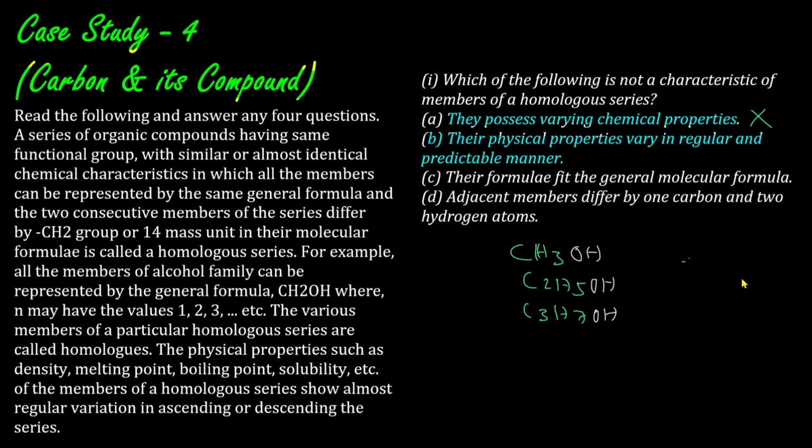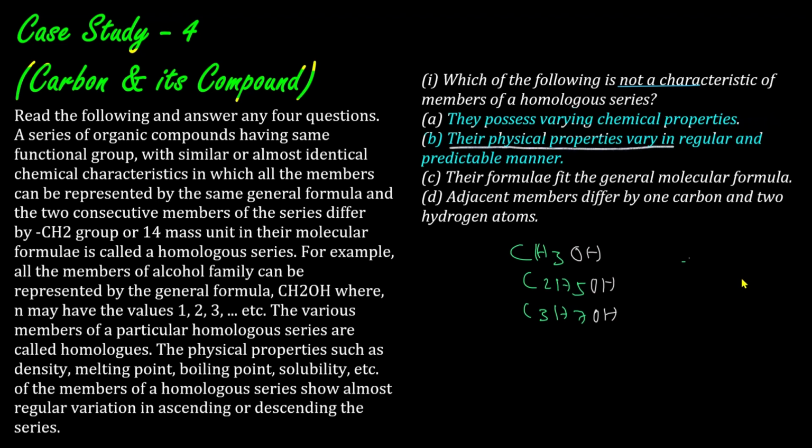We have to choose which is not a characteristic, so we have to check for the statement which is incorrect. Anyway, this answer is correct as the option. But let me figure out the other options also.